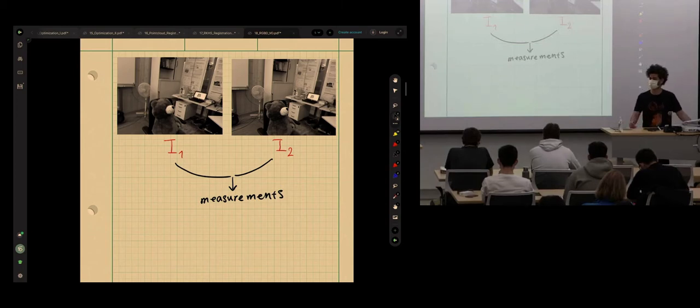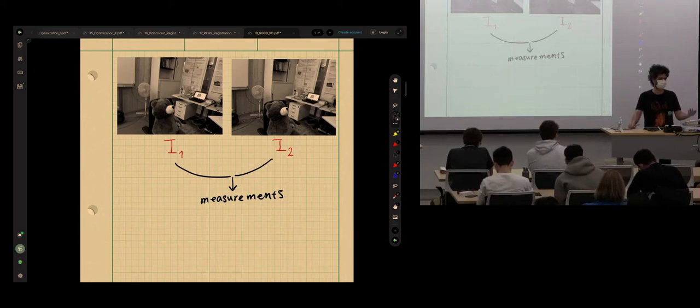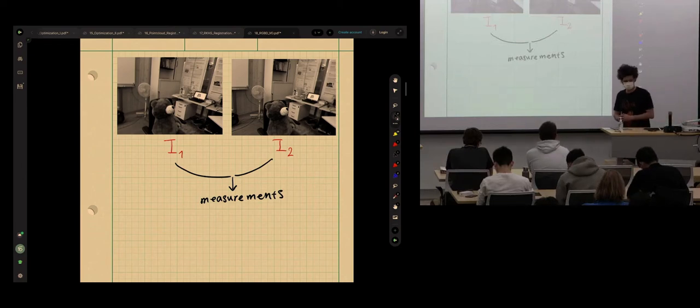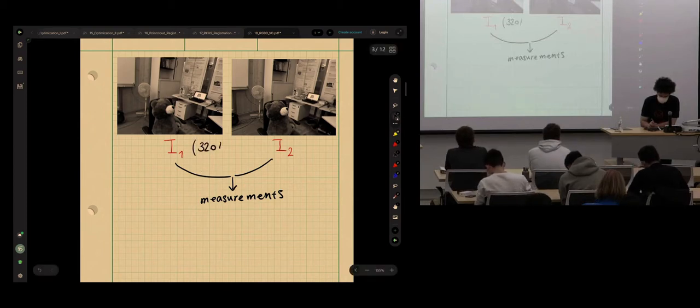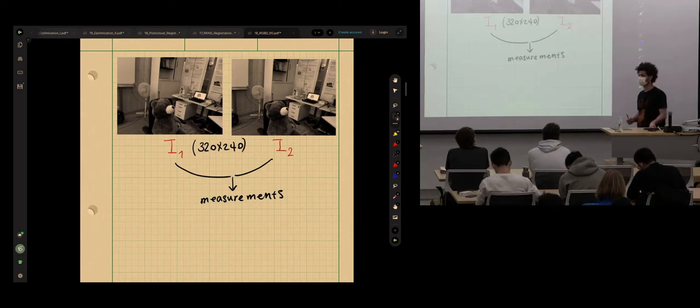The amount of data we get is extremely higher than something like an IMU, which is just a 1D signal for each dimension against time. So for example, this can be a 320 by 240 image, which is a reasonable size to work with, but that's pretty small. We can probably get HD images from the camera.